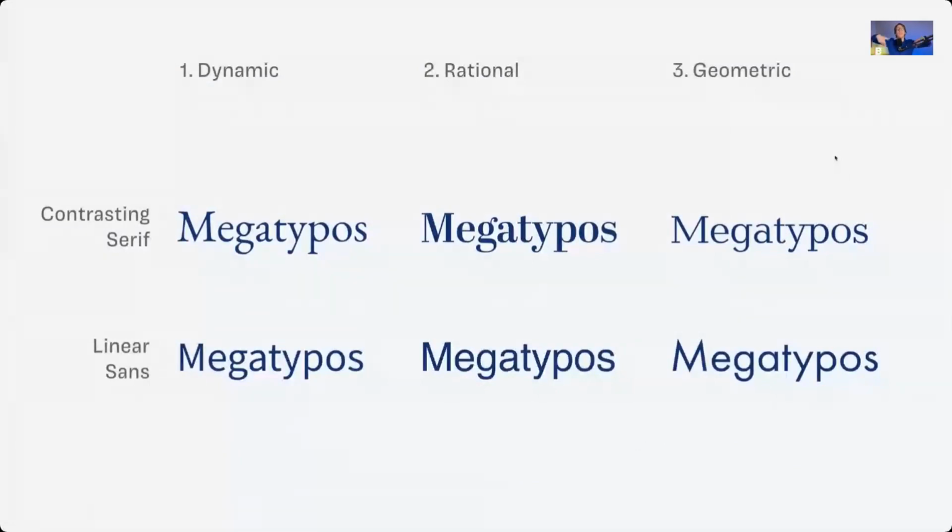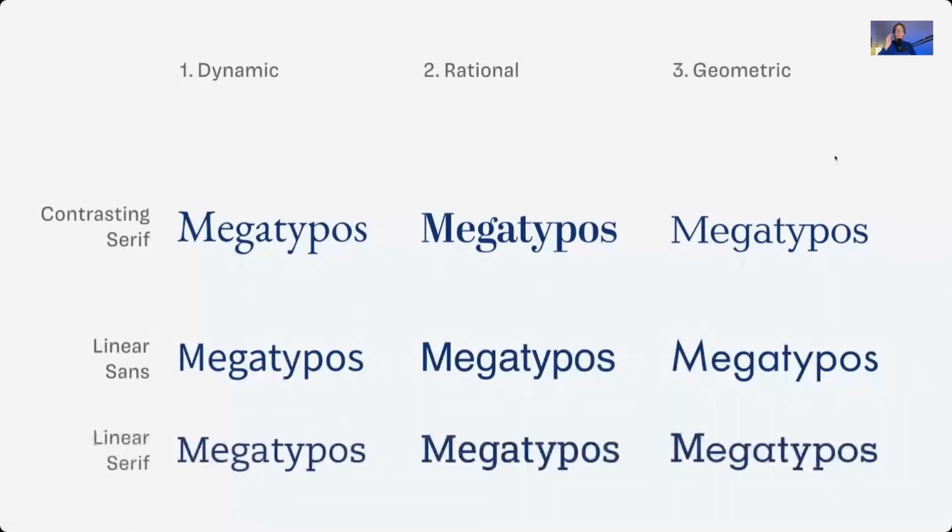And now we can even add on to that and see how it would look with a linear serif. On the geometric side, we have something like Rockwell or Memphis. Geometric, linear, but with serifs, but almost no contrast there.